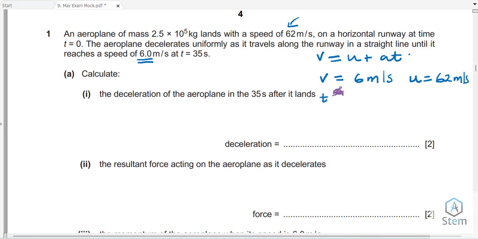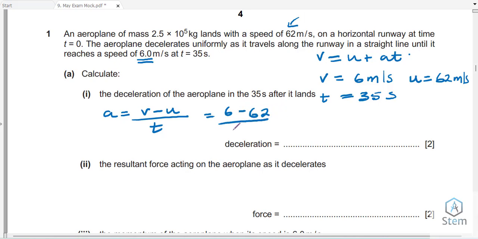The time to decelerate, 35 seconds. So if we make A the subject of the formula, we have A equal to V minus U over T. We substitute 6 minus 62 over 35.